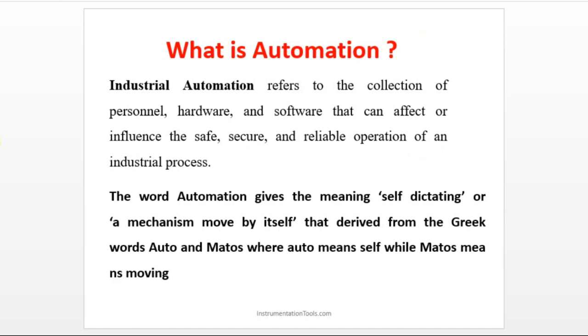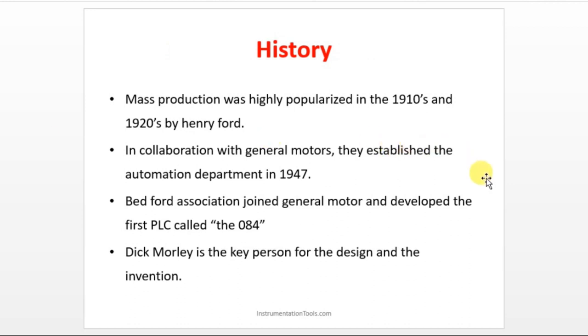So let's move on to the history of automation. Automation was highly popularized in the 1910s and 1920s. There was a huge need of automated devices in World War time, so the requirement of automation was greater in those times. That's why it was introduced and used widely in that era.